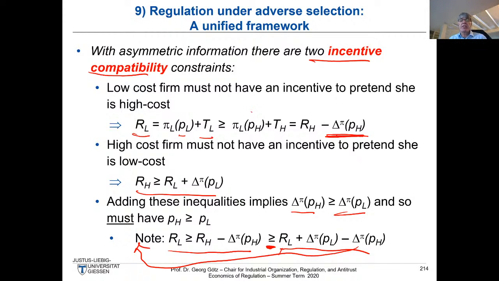Okay, that's what we must have. Yeah. So now we already consider these incentive compatibility constraints. We saw what must be satisfied. We will see later on that delta pi of p_H will be greater if p_H is greater than P_L. Okay, that follows from the property of this profit difference, that it's increasing in the price.